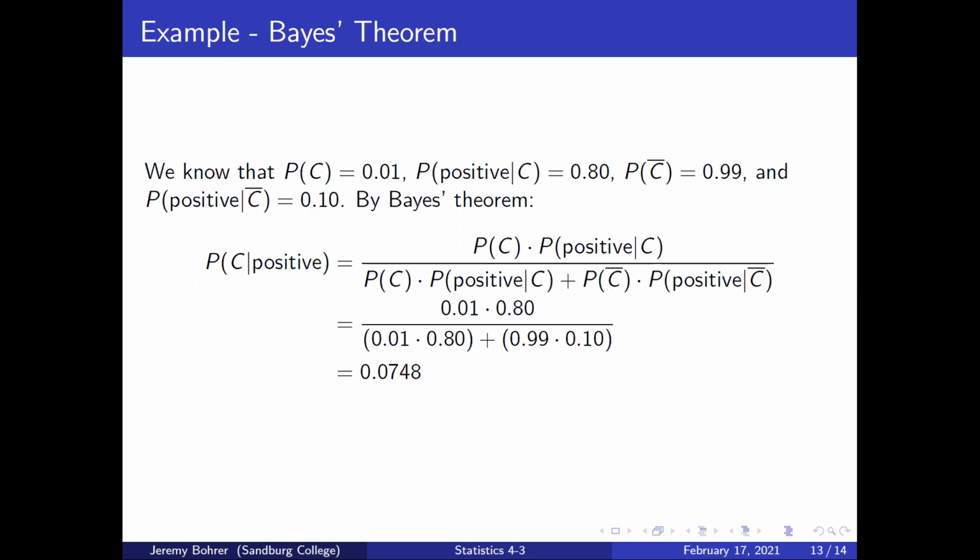By Bayes' theorem, the probability of C given a positive test result is the probability of C times the probability of a positive test result given C divided by the probability of C times the probability of a positive test result given C plus the probability of not C times the probability of a positive test result given not C, which is 0.01 times 0.80 divided by 0.01 times 0.80 plus 0.99 times 0.10, which is again 0.0748.